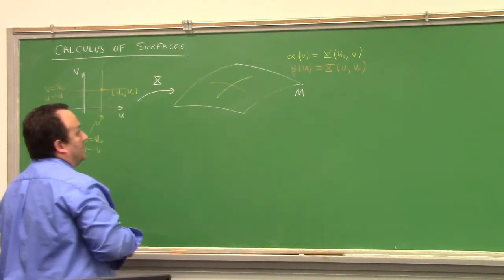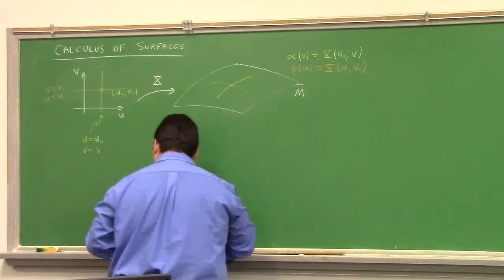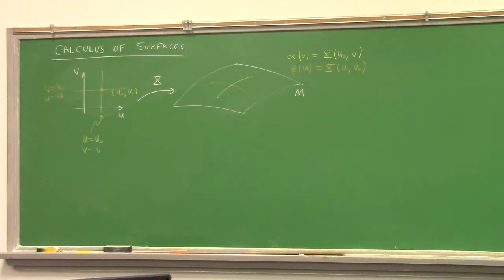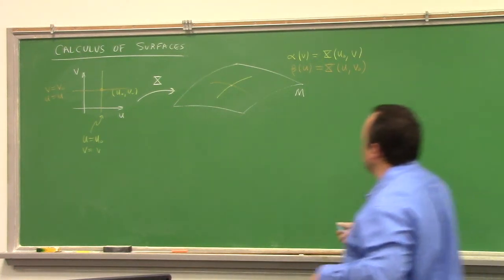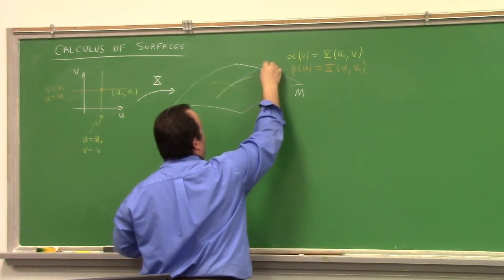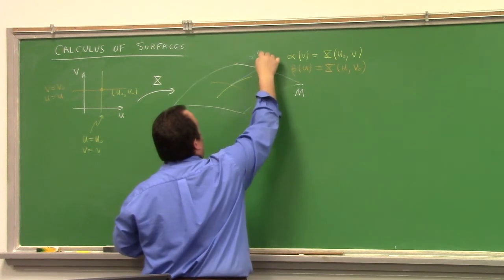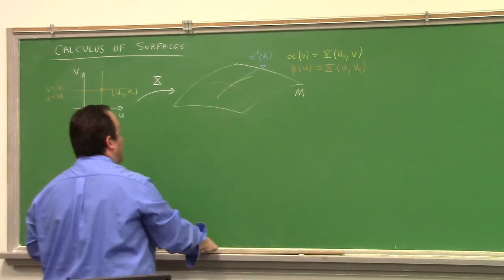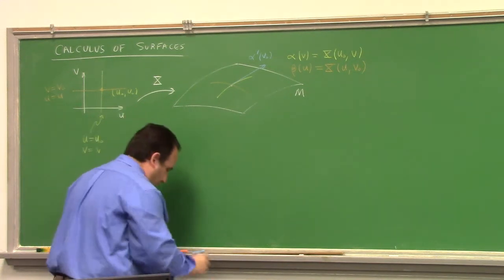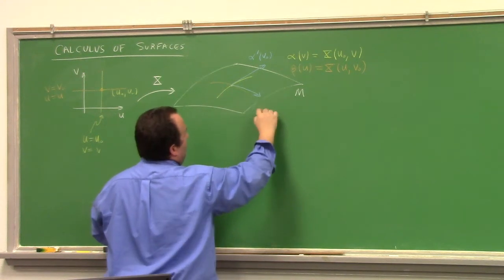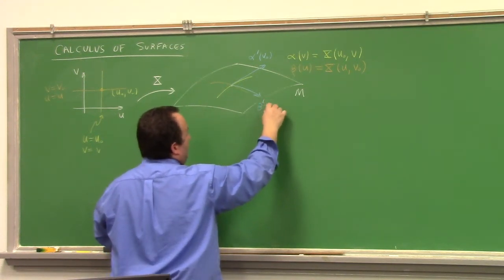So what's the tangent to alpha? Alpha prime of V naught would be like this, right? And on the flip side, this one, beta prime of U naught, right?